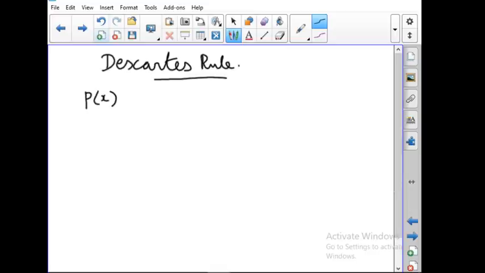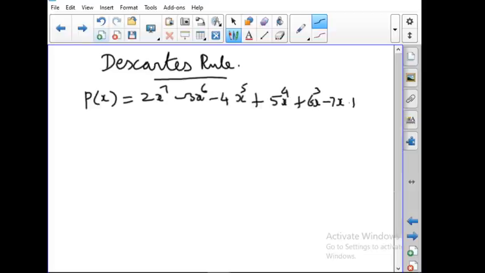So we have to check, so I'll give you an example. So if p of x is equal to 2x power 7 minus 3x power 6 minus 4x power 5 plus 5x power 4 plus 6x cube minus 7x plus 8.